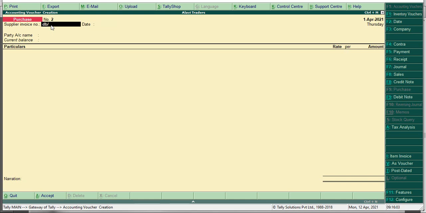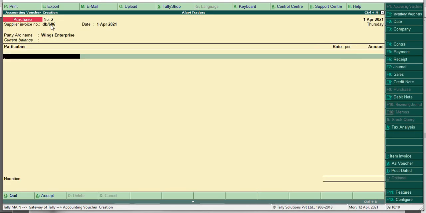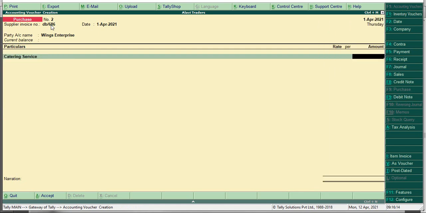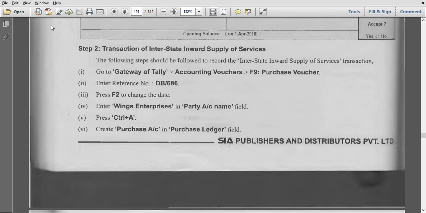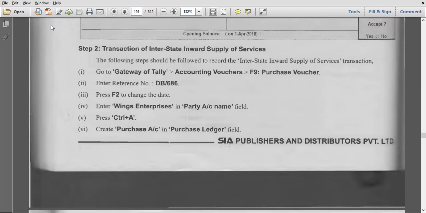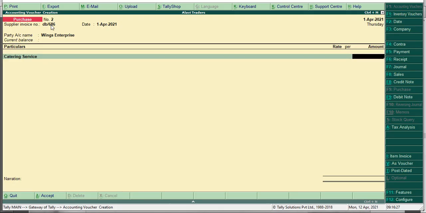DB by 686. Party Wings Enterprise, and they are the cleaning services. What is that amount? ₹4 lakhs.